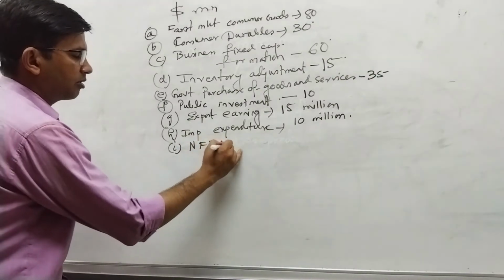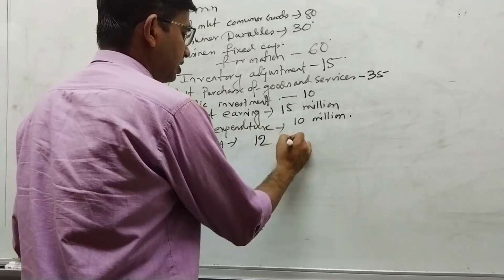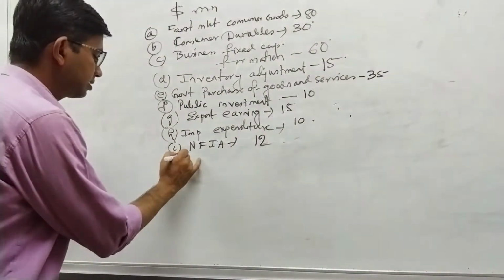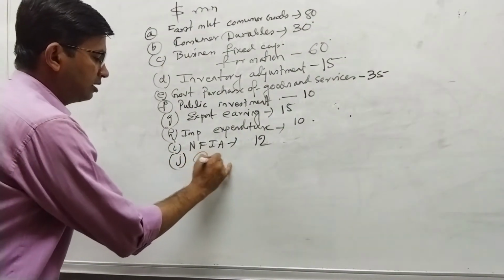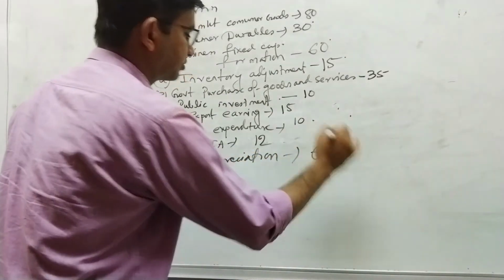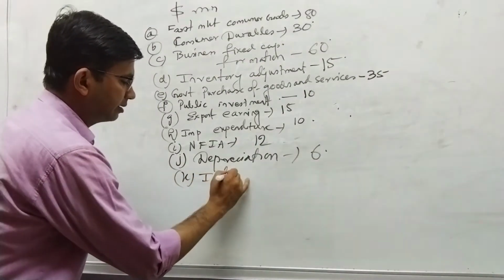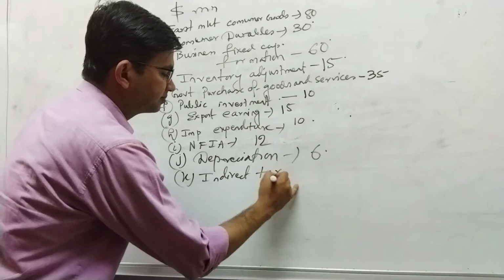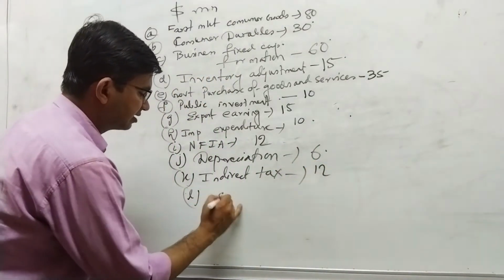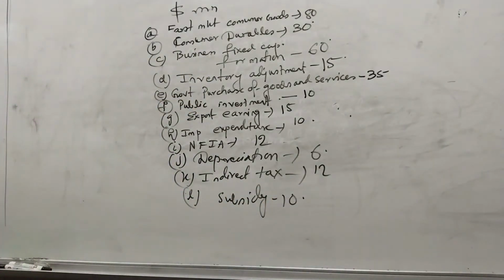Net factor income from abroad, $12 million. Depreciation equivalent to $6 million. And indirect tax $12 million. Subsidy $10 million.